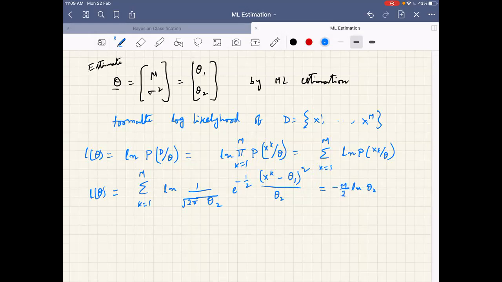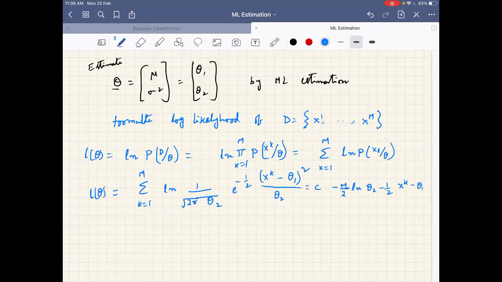The first term I have written. I have skipped one term here. Did you notice? What is the term I skipped? There is a whole power m in this: 2 pi whole power m by 2.